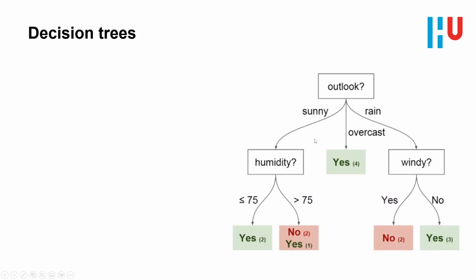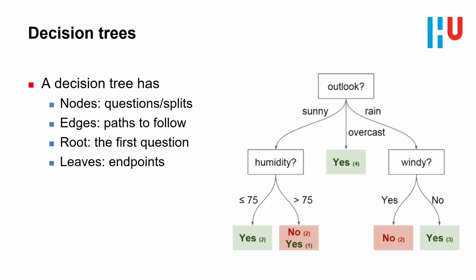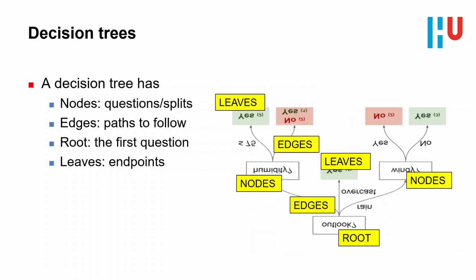So this is a decision tree, and of course, Python can make this automatically. A decision tree has nodes, which are question splits, edges, which are paths to follow, the root, which is the first question, and leaves. To show this a little bit more clearly, I'm going to put it upside down or top down, because basically it's the structure of trees.